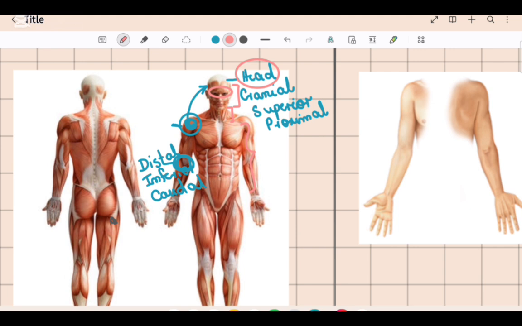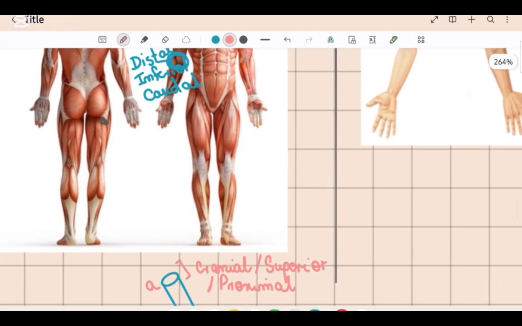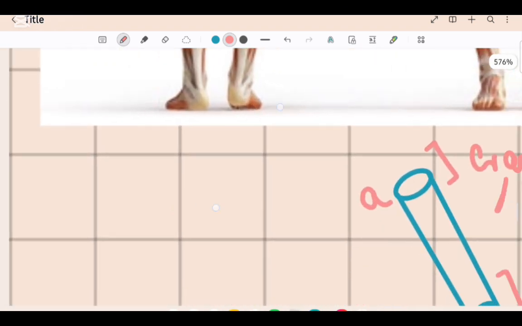Now superficial and deep. Remember one thing, superior and superficial are totally different things. Superior is basically closer to the head, but superficial and deep are basically inside the body. Anything which is closer to the surface of your skin, the surface of the body, is called superficial, and anything which is away from the surface of the body is called deep, like your veins and the arteries.